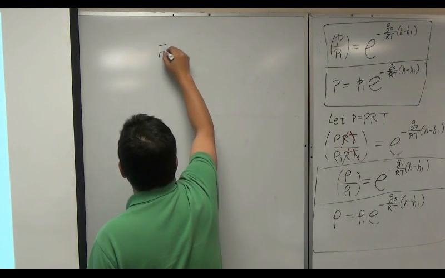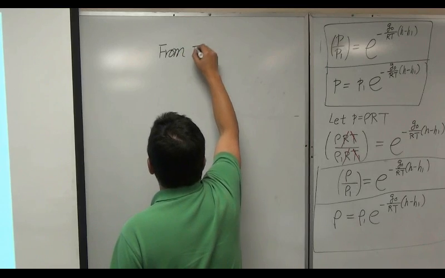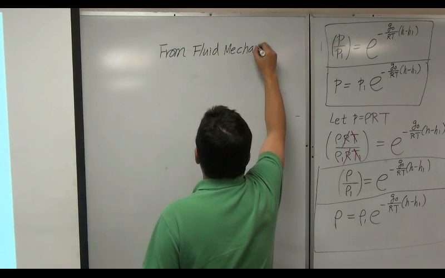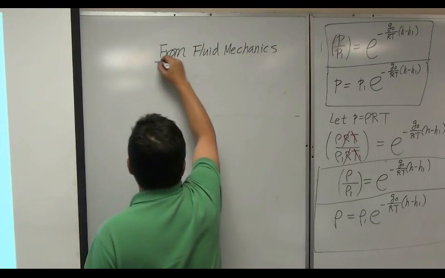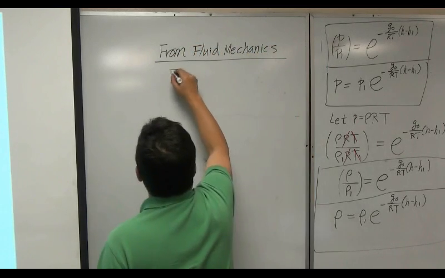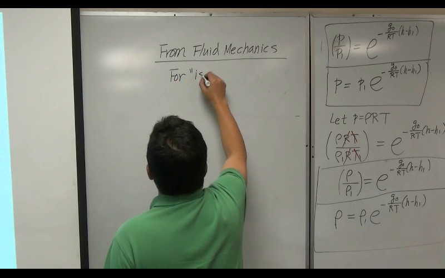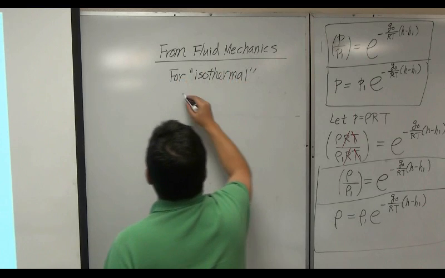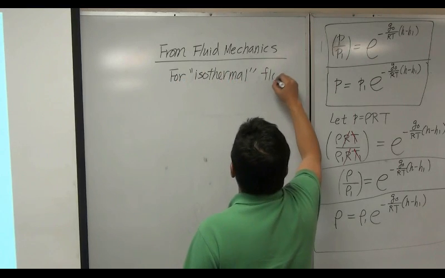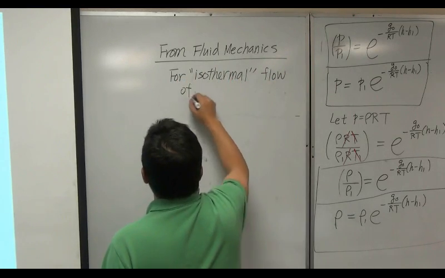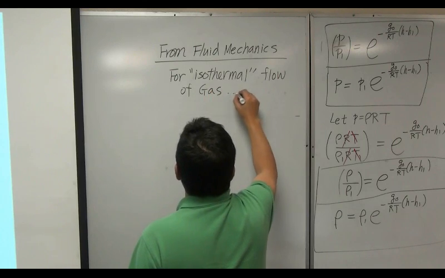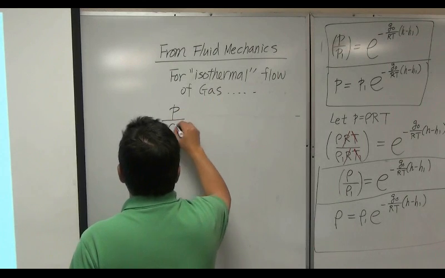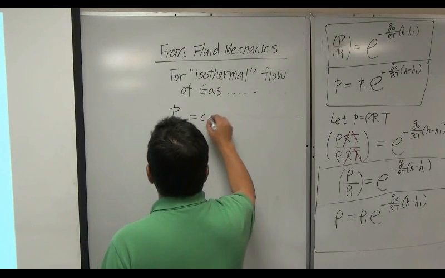So from fluid mechanics, we know for isothermal flow of gas, if you take the ratio of pressure and density, this is going to be constant.